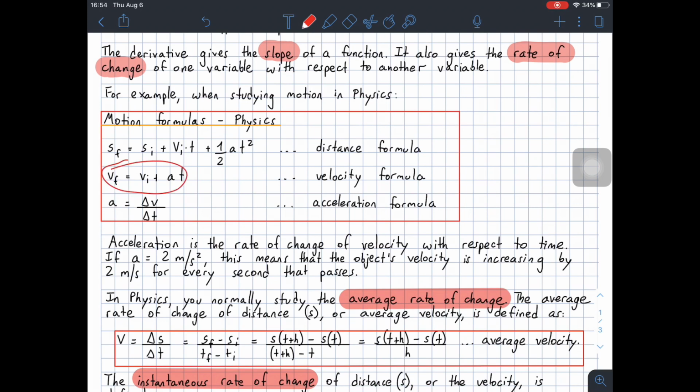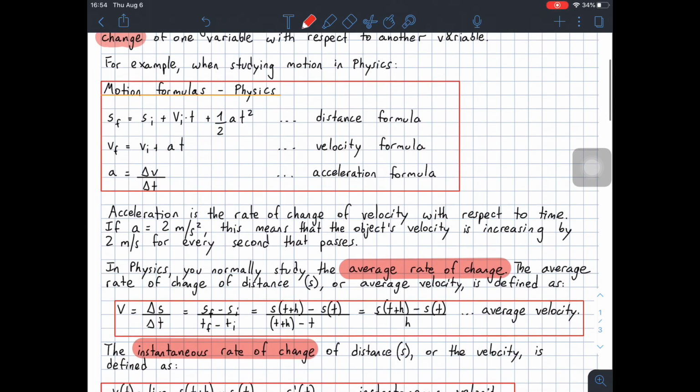The velocity formula is initial velocity plus acceleration times time. And finally, acceleration is the change of velocity with respect to the change in time. That's how we calculate acceleration. We'll see how these formulas are related to calculus in just a second.